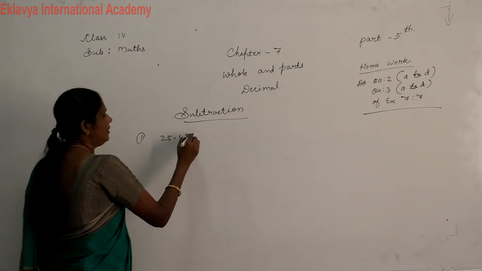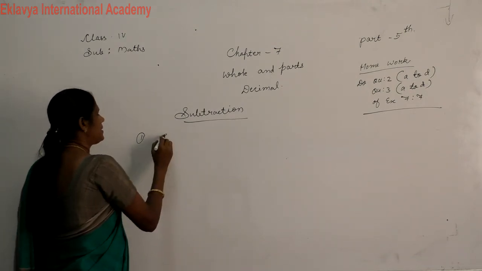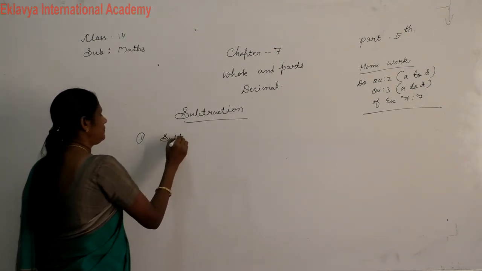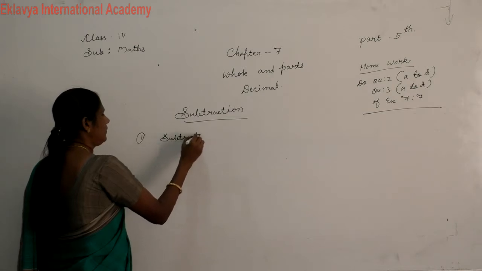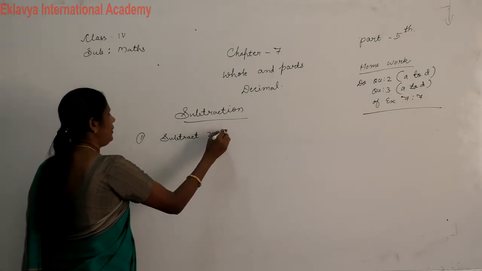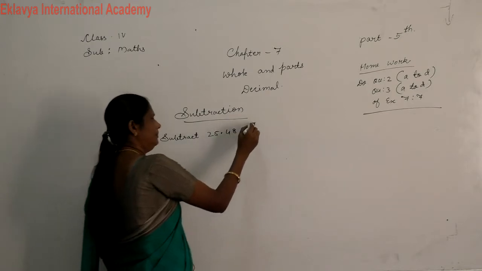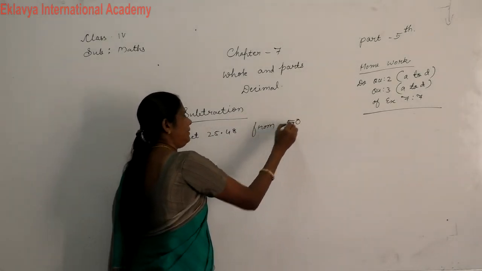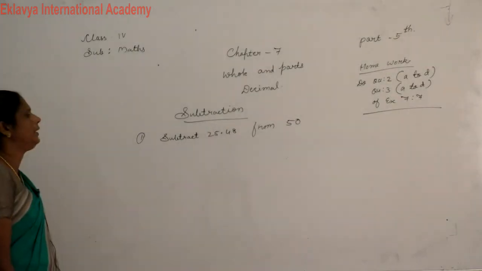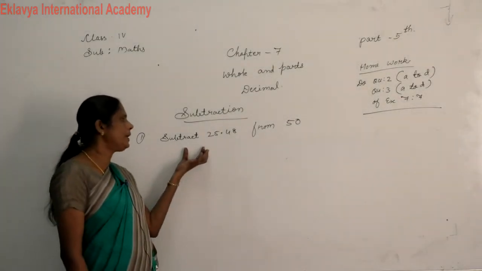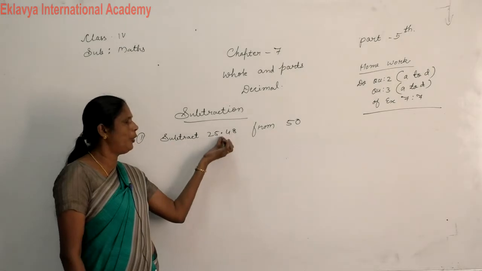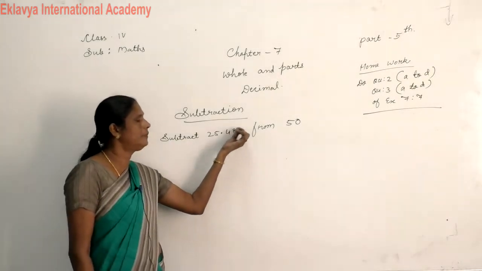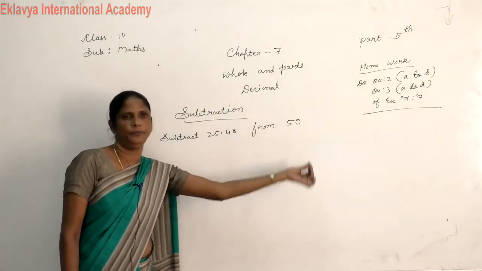Subtract 25.48 from 50. Look here, subtract 25.48 from 50.